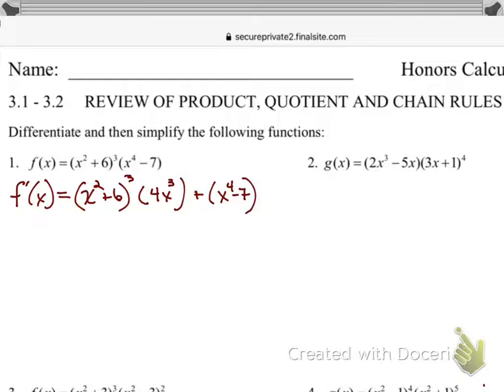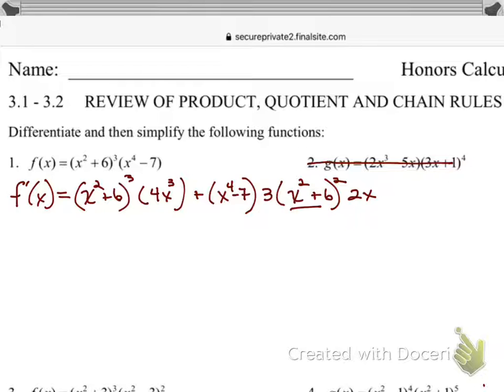So d left is going to be, bring down the power and write x squared plus 6, reduce the power by 1. Then take the derivative of the inside, which is doing the chain rule, times 2x.